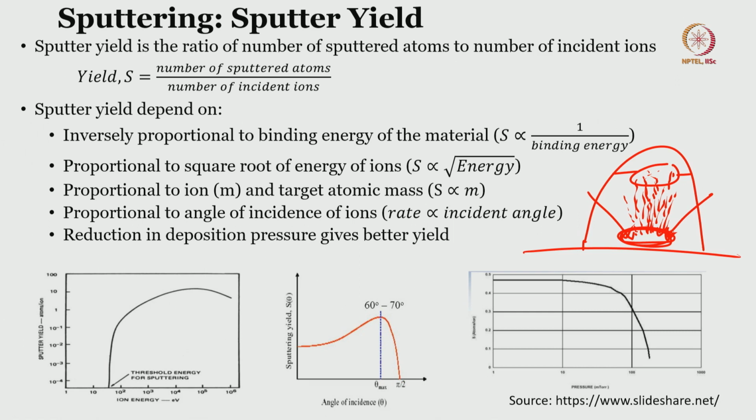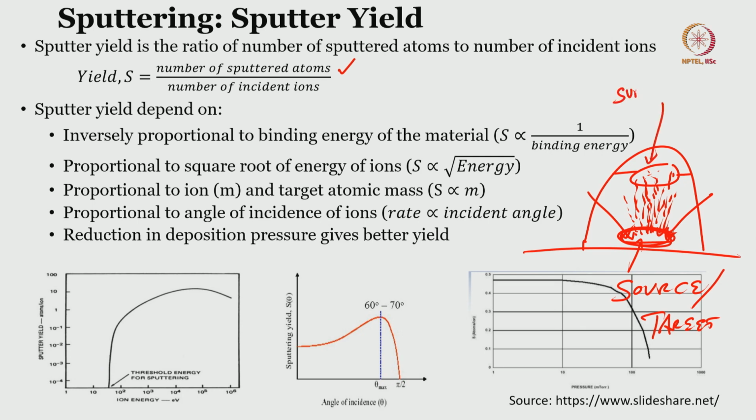So, sputtering yield can be defined as the number of sputtered atoms, the number of atoms coming out from the target, dislodging from the target. This is our source or target, because we are targeting this material by incident ions, which ions, argon, to create the sputtering, that means dislodging the atoms and depositing onto the substrate.